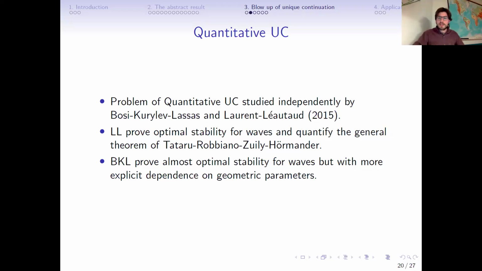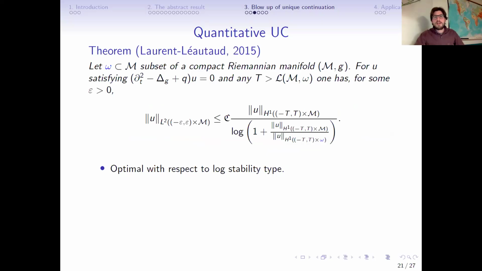So there are some differences, and in our work with Lauri, we focused on the results by Laurent-Léautaud, in which they prove optimal stability for the wave equation, in an even more general case than the one we're looking at, but in particular for the wave equation on a Riemannian manifold with potential Q.